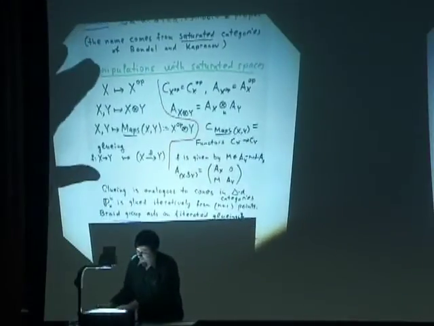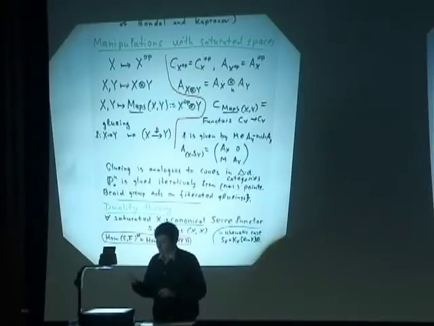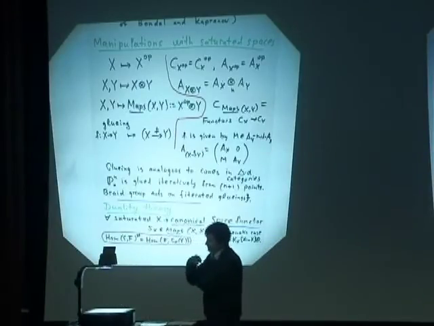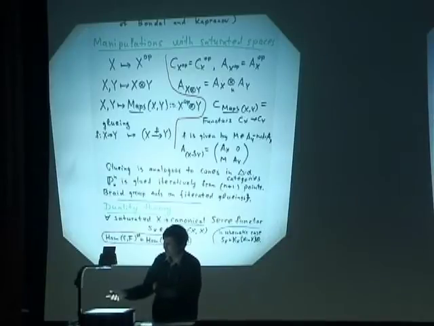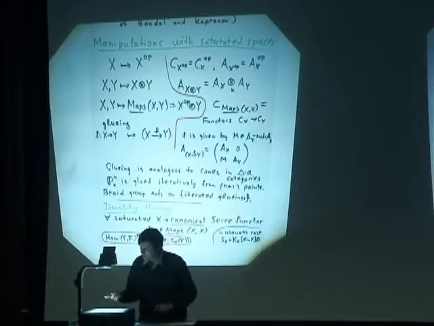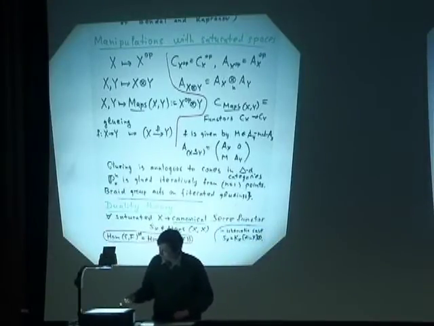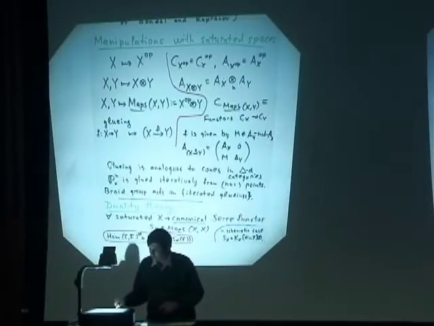And finally, there is some very simple duality theory, which was also found by Alexei Bondal, that for any saturated space X, you get a canonical map from it to itself. It's called the Serre functor. It's closely related to Serre duality, but it's not Serre duality. Namely, it's defined by the following formula. If you consider Hom from one object to another, it's a finite dimensional space, or RHom is finite dimensional.